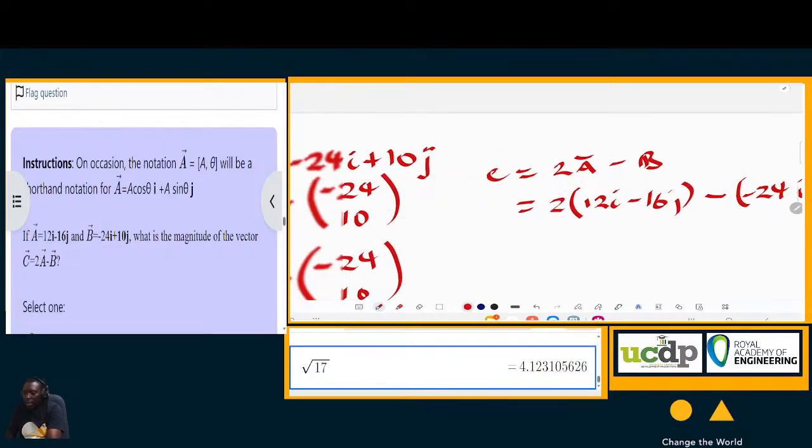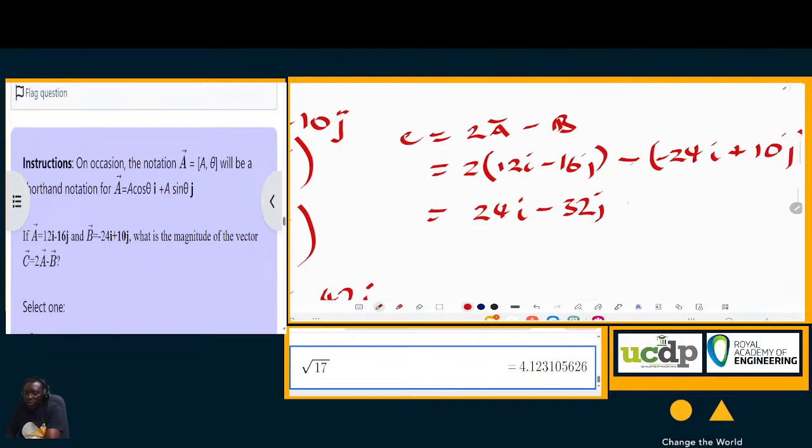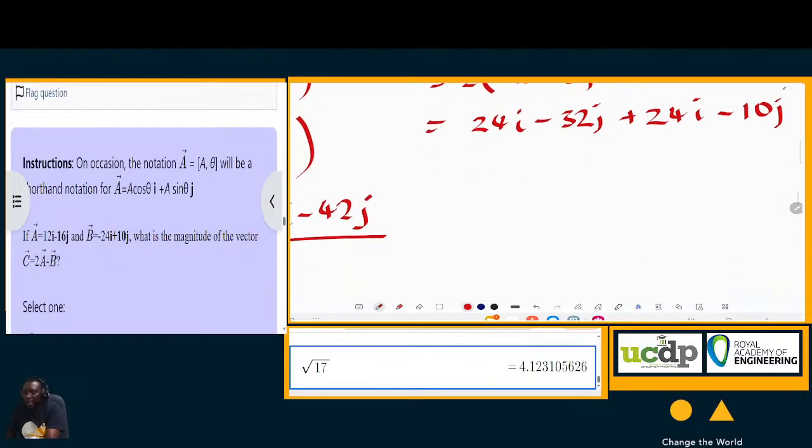Then we expand: we get 24I minus 32J, then minus negative 24I, which is plus 24I, then minus 10J. Then we take like terms: 24I plus 24I, 48I. Minus 32J minus 10J, minus 42J.